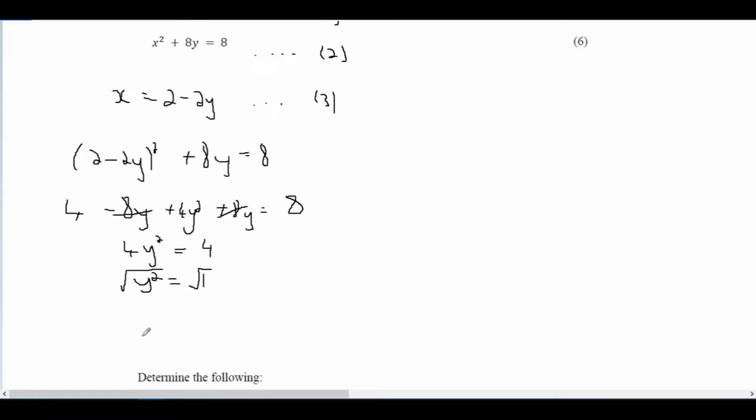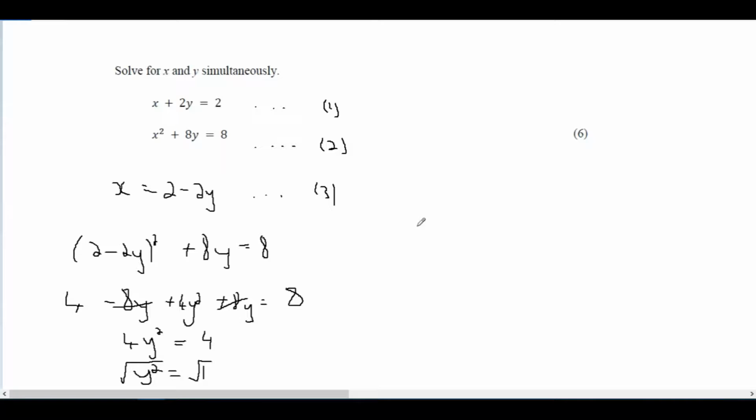We're going to be left with y = ±1. So that is the way of writing it, or if you're more familiar with y = 1 or y = -1, whichever you are comfortable with.